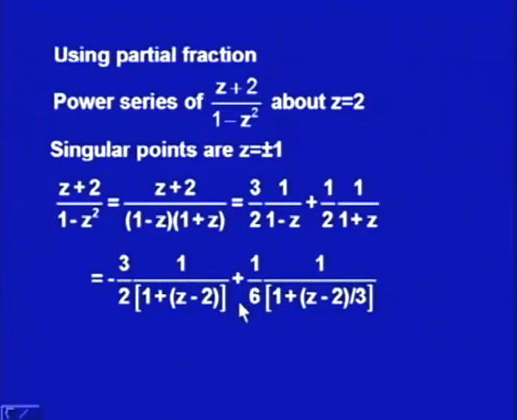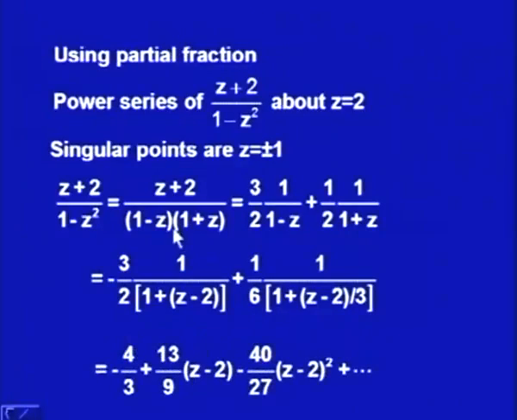So, this will simplify, and expanding this we will have −4/3 + 13/9 (z − 2) − 14/27 (z − 2)² and so on. So, this series will be obtained when you expand this in powers of z − 2 and expand this in powers of (z − 2)/3, and simplify.